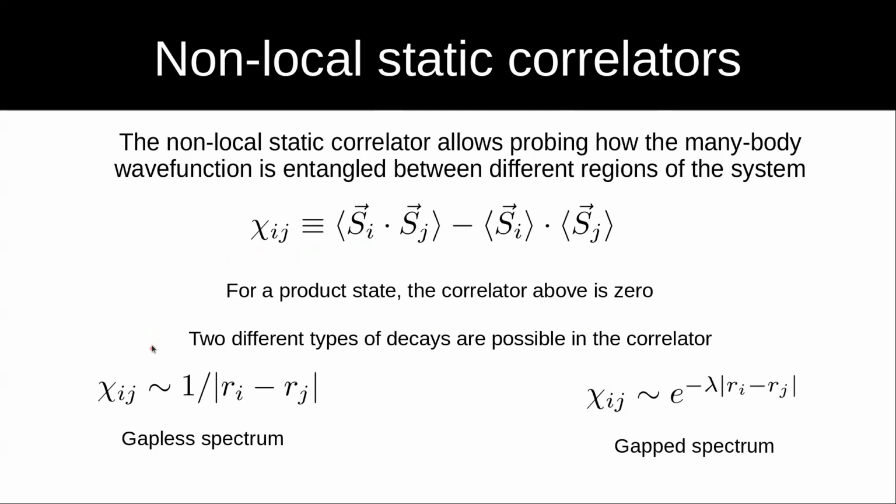If your system is gapless, then this non-local correlator is going to decay following a power law behavior. And if your system is gapped, then this non-local correlator is going to decrease following an exponential behavior. And actually, this non-local correlator is in a way mathematically equivalent to measuring the magnetization in one side when you put a perturbation on another side. This non-local correlator is effectively what you would get if you apply Kubo formula to the previous slide.